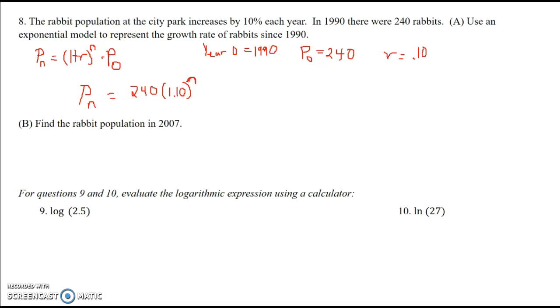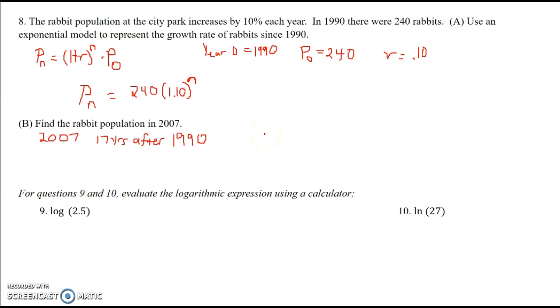Alright, now we want to find the rabbit population in 2007. So in 2007, that is 17 years after 1990, right?